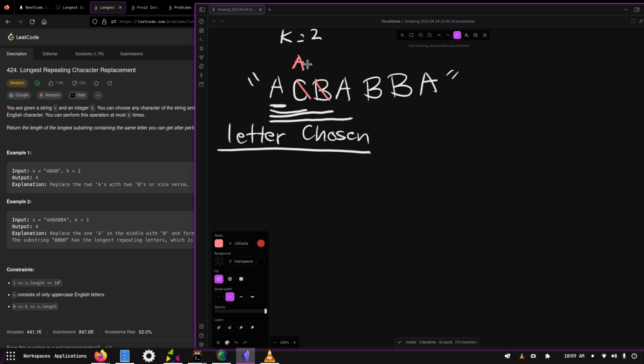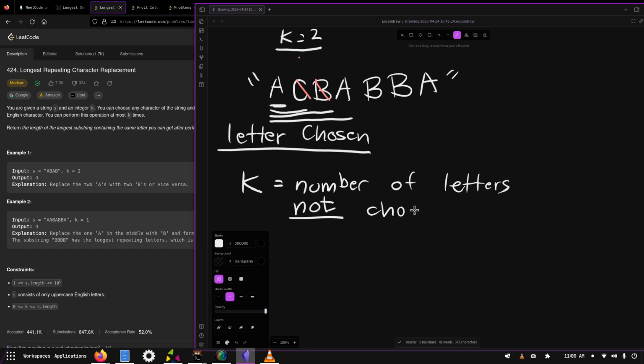Yeah, so these would be A. Because K is equal to 2, I think K is equal to the number of letters not chosen. So A would be the ones here.